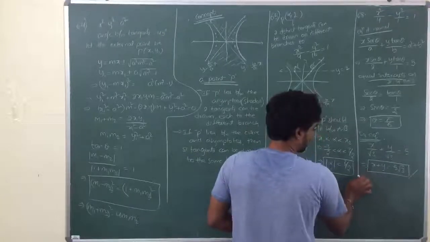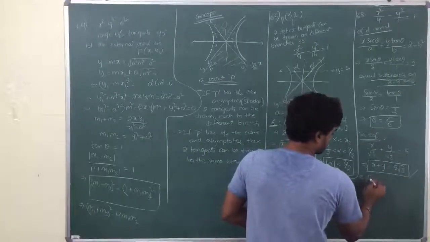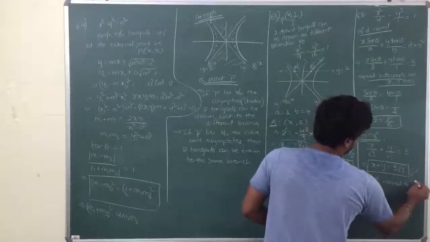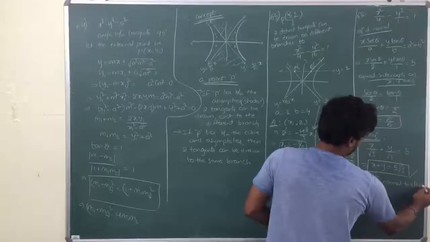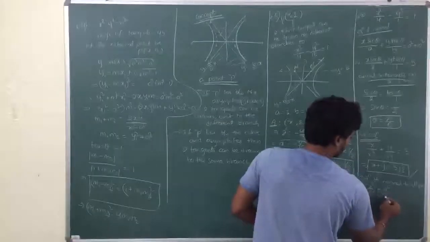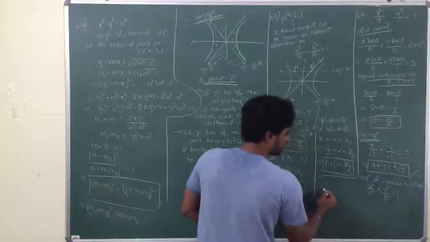Now equation of normal to ellipse x square by a square plus y square by b square is equal to 1.